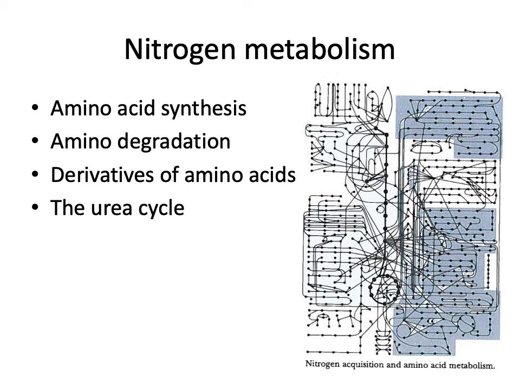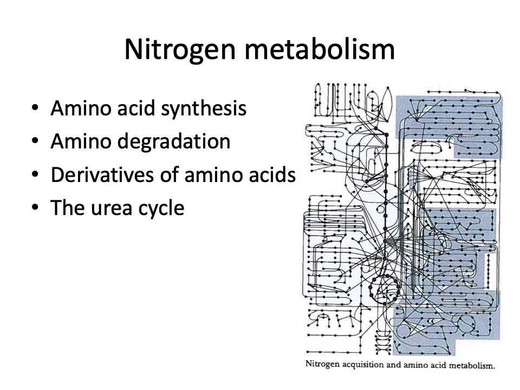So you can see that takes up a large portion of this diagram, so a lot of reactions. And that's because, as you know, there are 20 different amino acids, and they all need to be metabolized just a little differently.